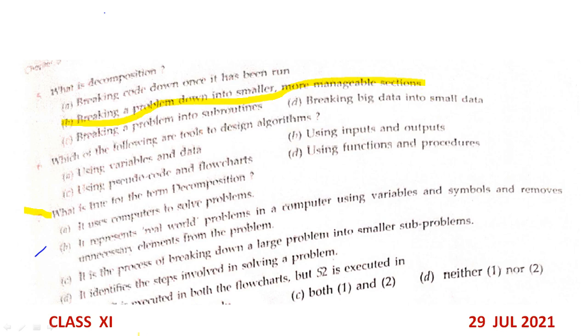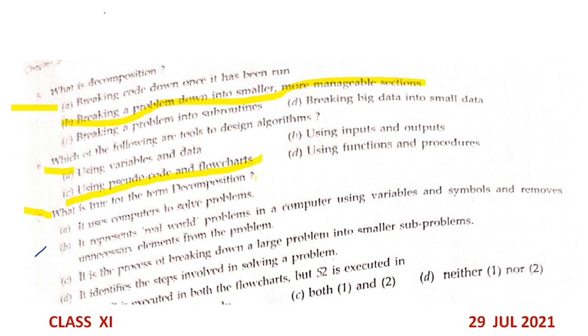Which of the following are tools to design algorithms? Using variables and data, using inputs and outputs, using pseudocode and flowcharts, or using functions and procedures. The tools used for designing algorithms are pseudocode and flowcharts. So, the answer is C.